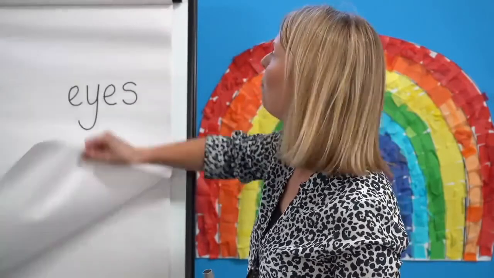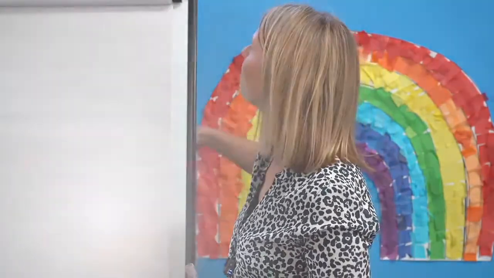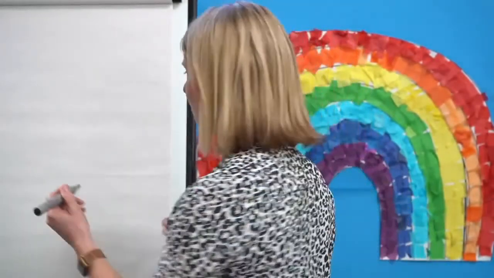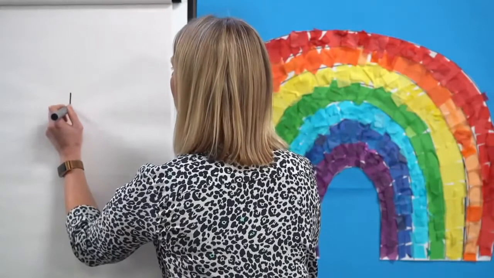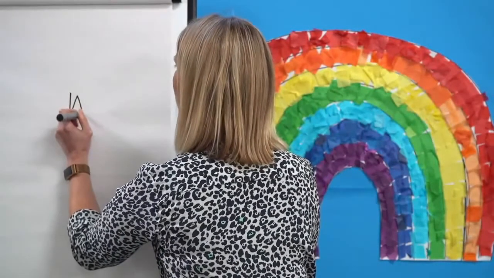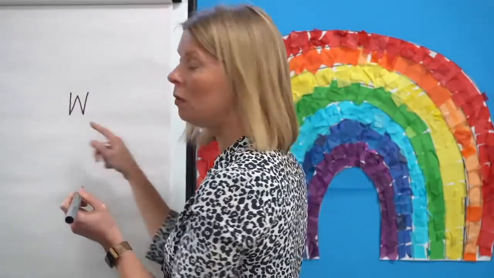Let's try another one. Let's try spelling work. Segment the sounds with me. Work. Oo, k. Let's count how many sounds there are. Work. Oo, k. That's 3 sounds. Watch me write work. Can you remember the tricky bit in the middle? Ooh.